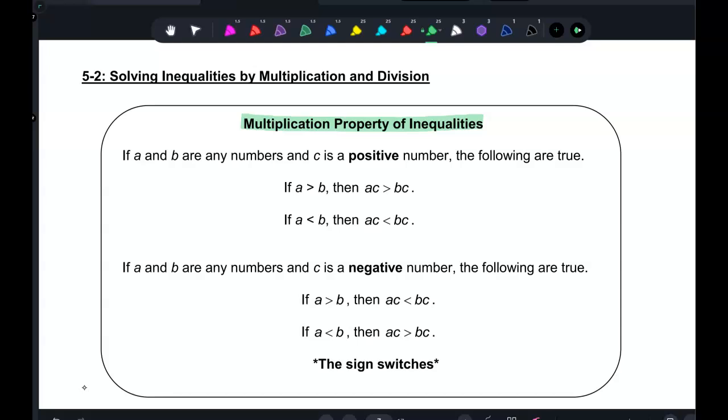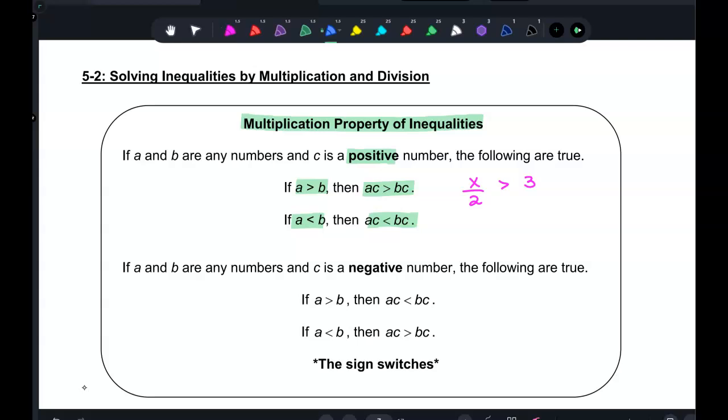Okay, if we have a positive number when we're multiplying to solve an inequality, basically if it's greater than, it stays greater than. If it's less than, it stays less than. Let me give you an example. Let's say it's x over 2 is greater than 3. If I want to isolate the variable, what we're doing in this lesson is multiplying.